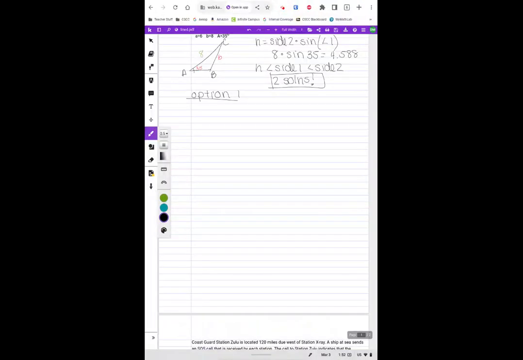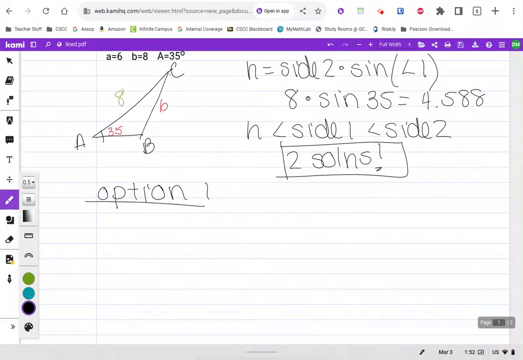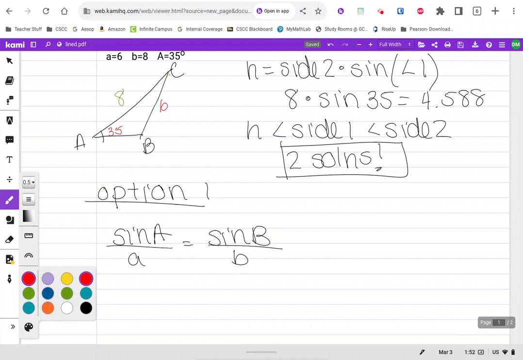So I've got sine of A over side A equals, and I'm going to use sine of B so I can find angle B. So it's sine of 35 over 6 equals sine of whatever angle B is over 8.